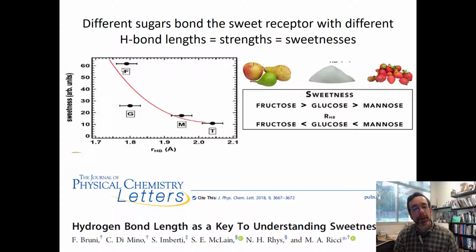And so they're proposing that the longer the hydrogen bond, the weaker it is, and the less sweet the sugar is, just because it doesn't bind the protein tongue receptor as well. There's probably other things going on, but this is very interesting to me, that we can say if that sugar is very sweet, then we have a strong hydrogen bond being formed to it.